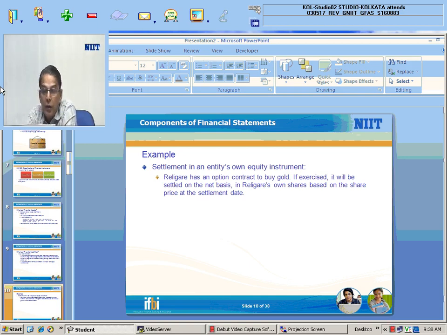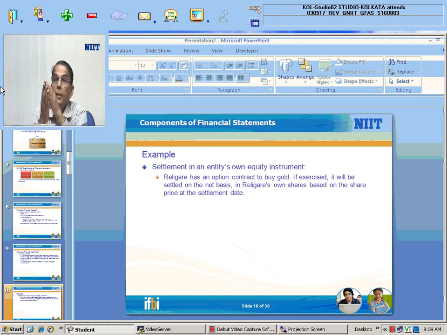Basically, Religer has sold a call option contract. This kind of contract is settled on the net basis. It may be exercised, may not be exercised because it's an option contract. If it is in the money, it will be exercised, otherwise it will not be exercised. When it is exercised, it will be settled on the net basis and Religer has to pay in its own shares. So instead of paying by cash, Religer will issue own shares based on the share price at the settlement date.